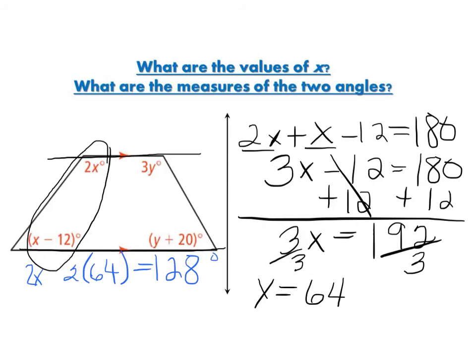And the other one is x minus 12. So that's 64 minus 12. That equals 52 degrees. And if I added those two measurements up, they would equal 180. So the values of the two measures are 128 degrees and 52 degrees.